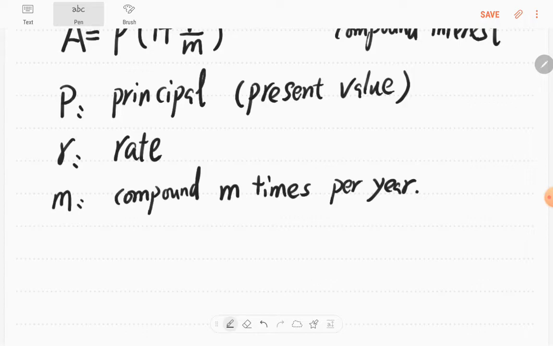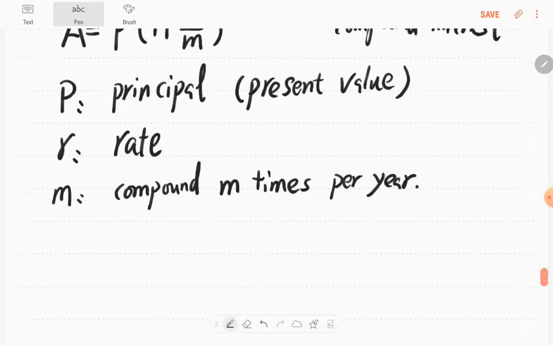Then you continue this way. At the second period, you have a new interest based on the new principal, right? Then add this new interest to the previous principal to get another principal and continue.